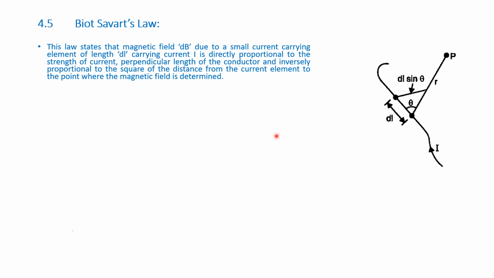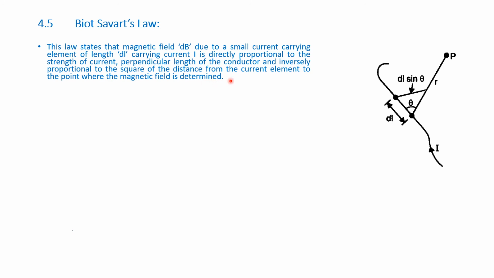Biot-Savart's law says that the magnetic field dB due to a small current carrying element dl carrying a current I is directly proportional to the strength of the current, the perpendicular length of the conductor, and inversely proportional to the square of the distance from the current element to the point where the magnetic field is determined.